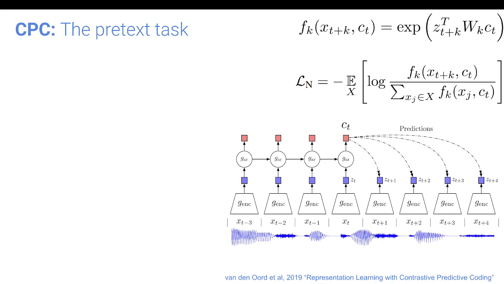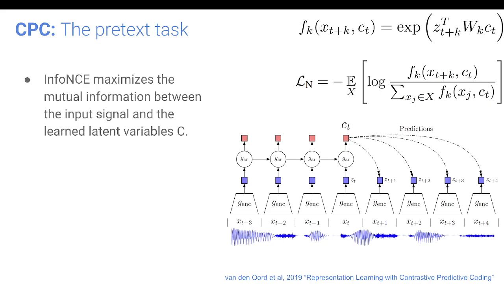So that is the distance between xj and ct. Xj, of course, is represented by zj, the output of the encoder at that time step. The CPC paper shows that the InfoNCE loss maximizes the mutual information between the input signal and the learned latent representation, C.